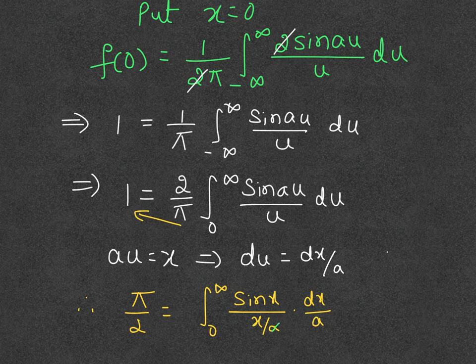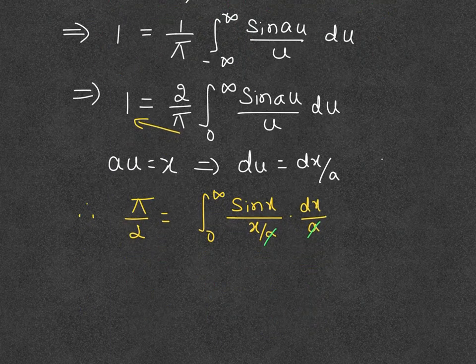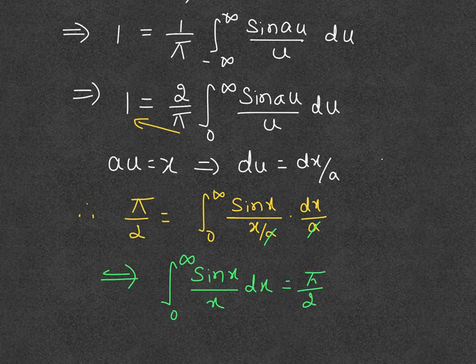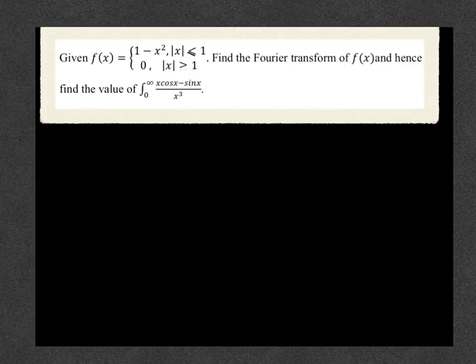Then this a gets cancelled. We get our solution as integral 0 to infinity sin x by x dx is equal to pi by 2. This is the standard result to remember.